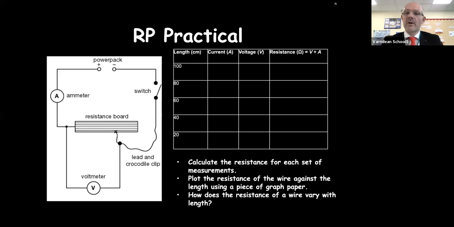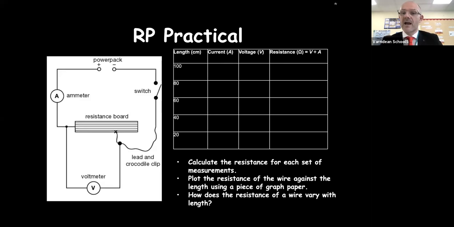For each one, we are going to need to take 3 readings to make it more accurate, and also to remove any anomalous results. So you need to make sure that you mention things like that, rather than just the simplistic method. Were you to be asked this as a 6-mark question, and it's a common one, you need to make sure that you say, and then I will calculate the average current of my 3 values.